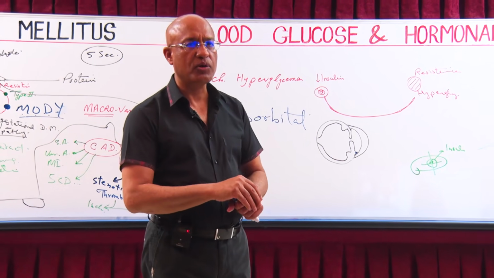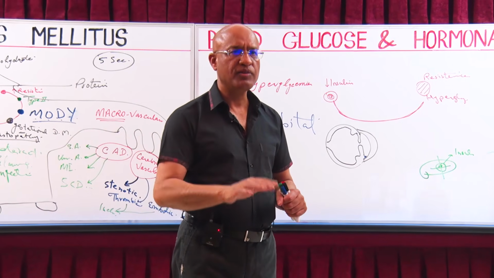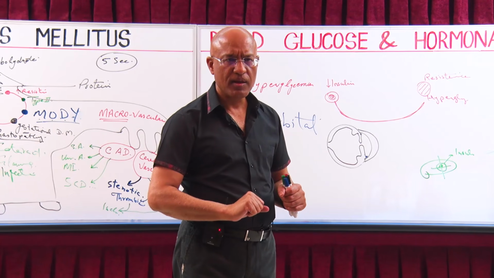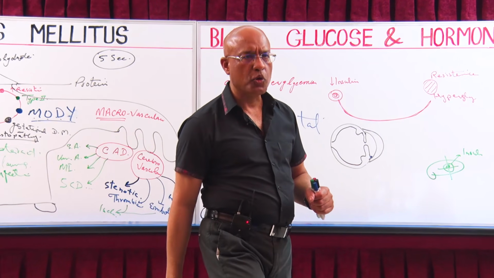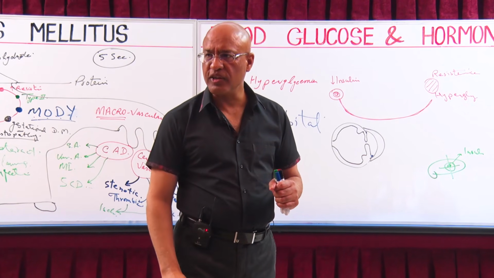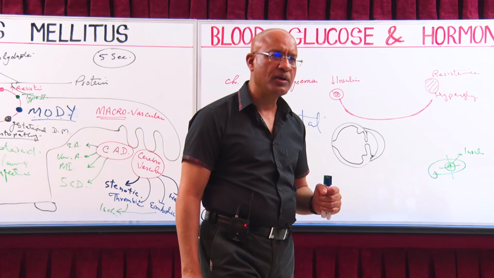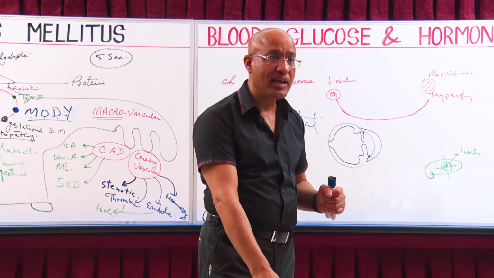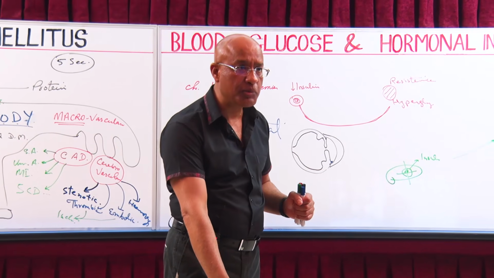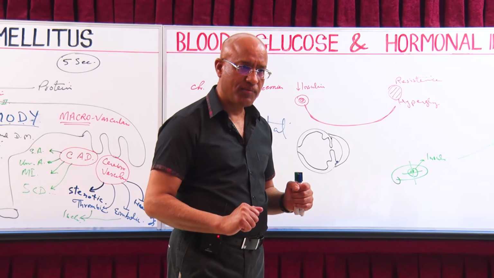Now, in diabetic foot, why infections are common? Some reasons are very clear. There is neuropathy. If there is sensory neuropathy, of course, they will hurt or damage their foot, and they will not know it. And through that injury point, infection can enter.